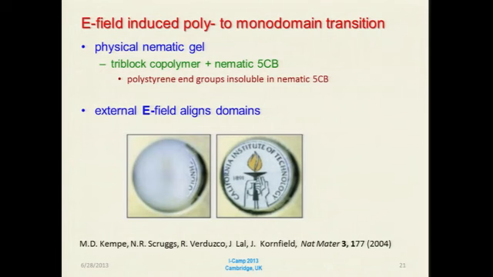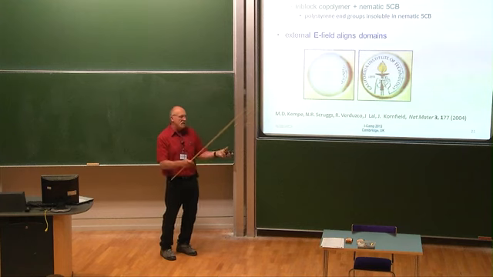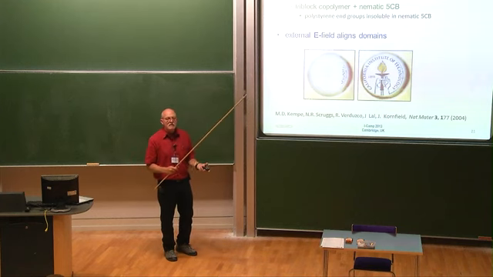Now here's a really interesting material. This is a physical gel made by Julia Kornfield at Caltech. What she did was simply take a tri-block copolymer where the end groups were insoluble in 5CB, the nematic liquid crystal 5CB, in the nematic phase. If you mixed these two things together at high temperature, you got a relatively nice, uniform, viscous mixture.